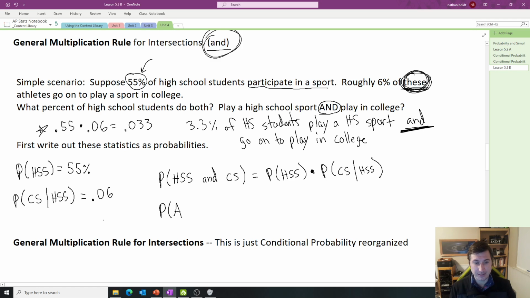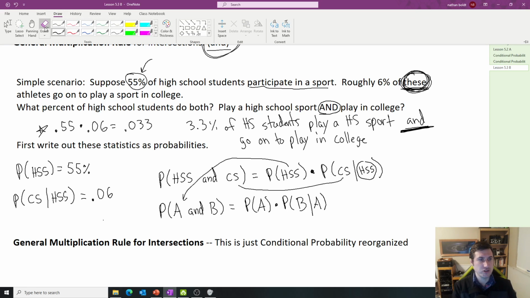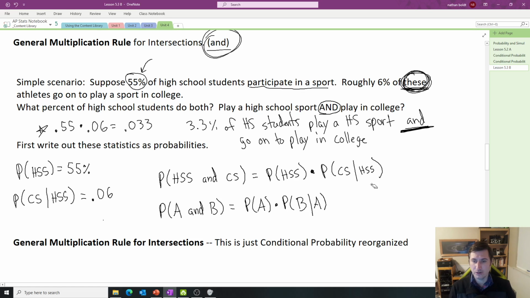The probability of A and B is equal to, well, the probability of HSS is just the A, so the probability of A times the probability of, well, the next one came from the B slot, the probability of B given A. So there is the general multiplication rule for an intersection probability right there. Put a box around that one.